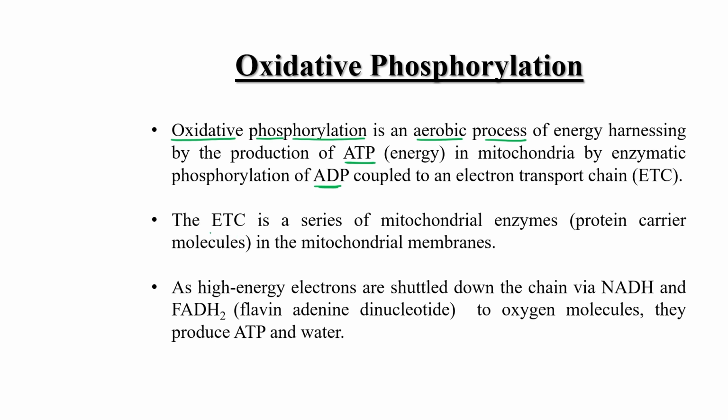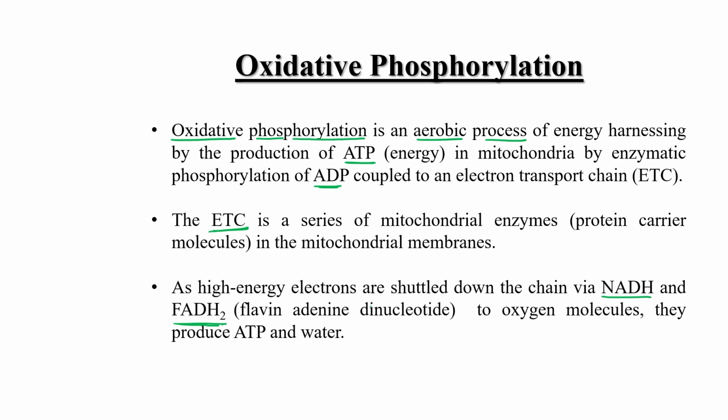So this ETC, or electron transport chain, is a series of mitochondrial enzymes present in the inner mitochondrial membrane, right? And high energy electrons are shuttled down the chain via NADH and FADH2. These contain high energy bonds. Okay.